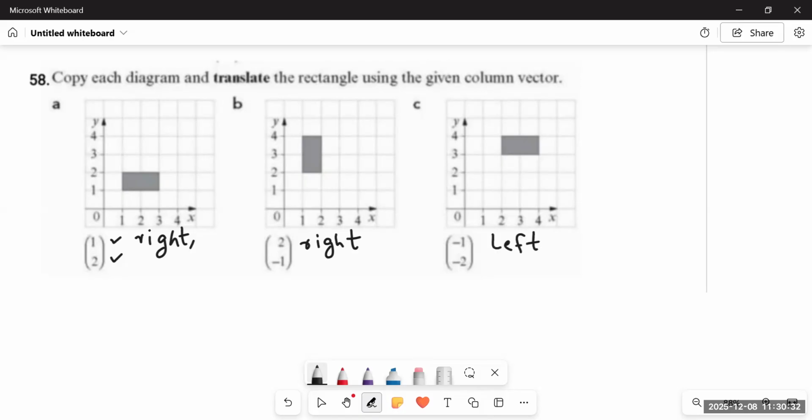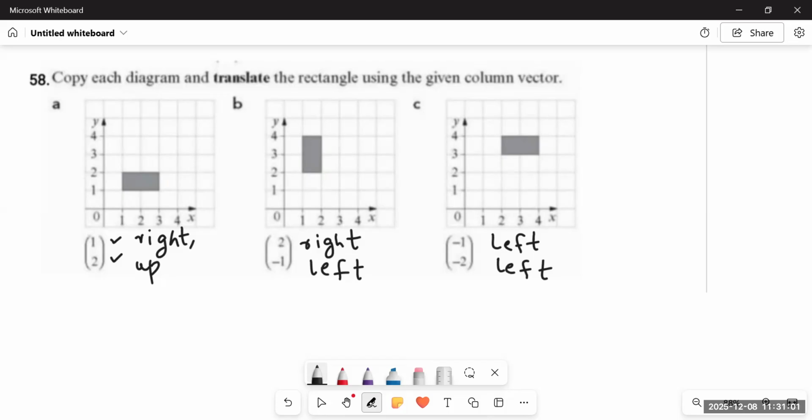Okay, that's what the column vector means. And for the bottom value, we have to see, do we have to move up or down? So it would be 2 upside, -1 means to the left, -2 means to the left. Okay, so for the first vector, it means 1 square to the right and 2 squares up.